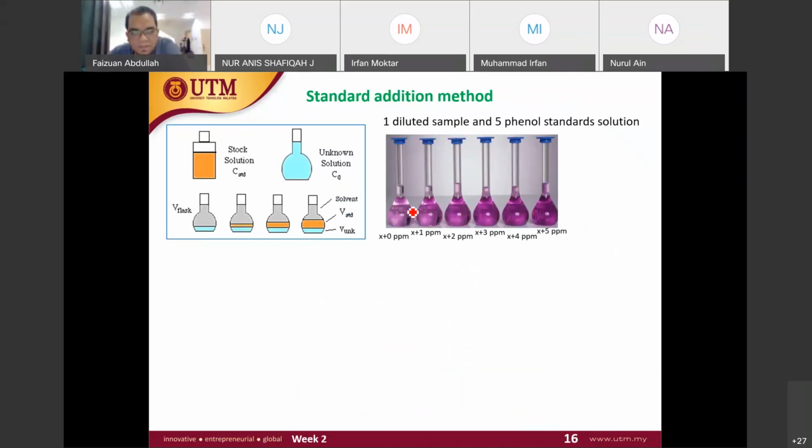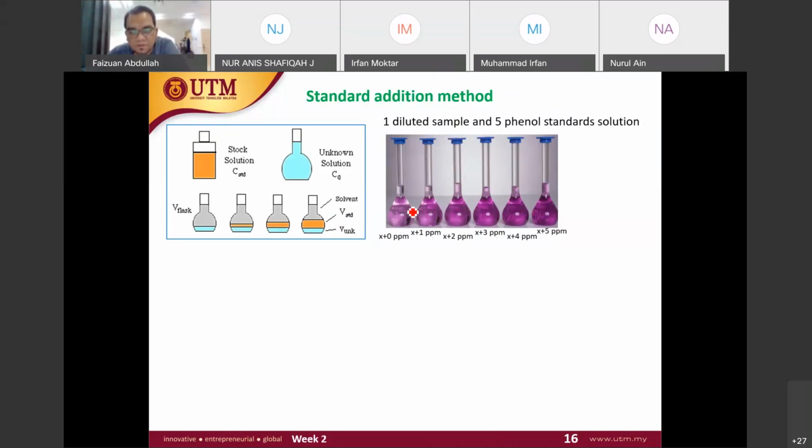So we prepare a series of standard solutions with an increasing concentration using the sample itself. The sample should be in the same volume, but we need to increase the standard solution volume.